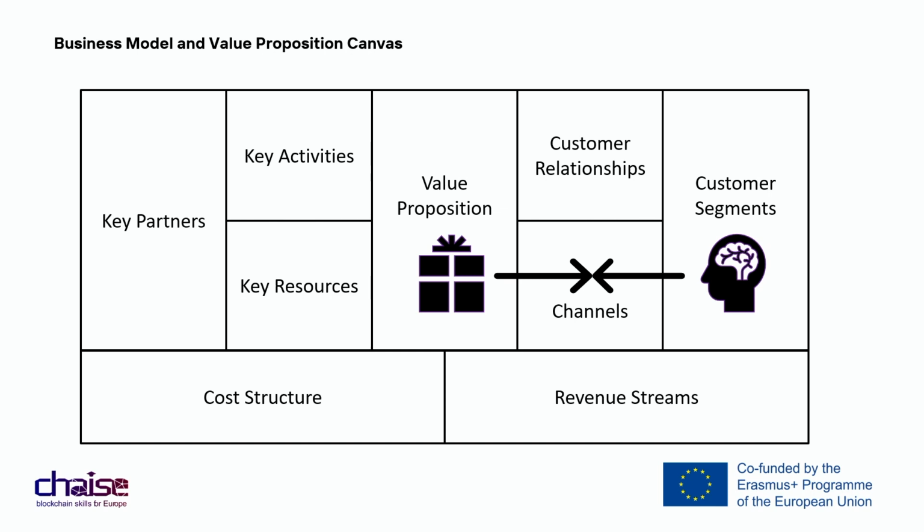Of course, to enable all of this, we need resources, activities, and oftentimes partners. However, in a business model, we do not list all resources, all activities, or all partners. We focus on the most important resources, activities and partners.